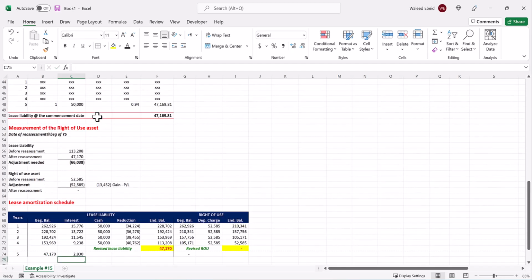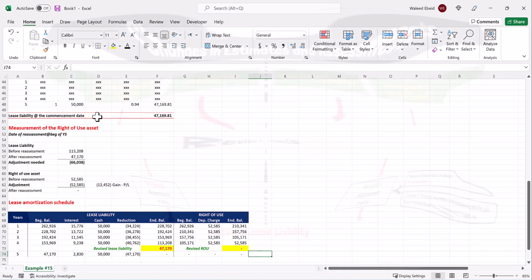Here is the lease payment of 50,000 for the remaining year. Complete the calculations, and we are done with the lease liability. As for the right-of-use asset, the carrying amount is 0, so there is no depreciation charge. And that is all for this example and this lecture.